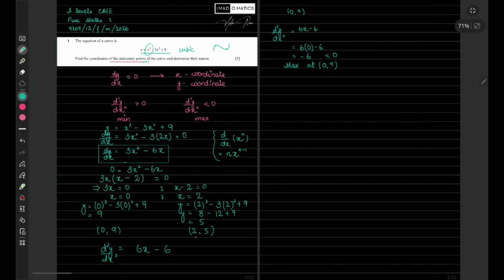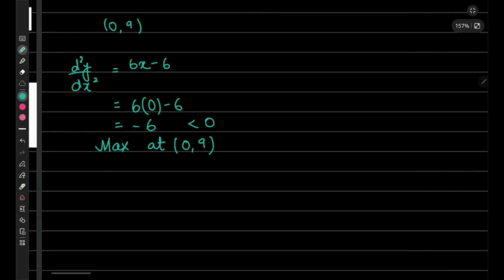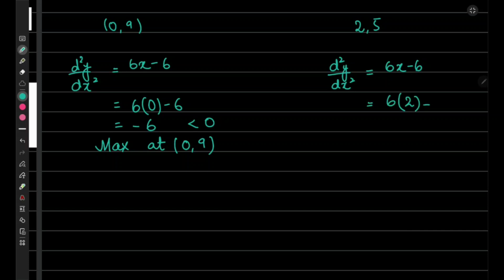Then taking the second point (2, 5) and checking the second derivative gives you a positive 6, that is greater than 0. That means we have a relative minimum at (2, 5).